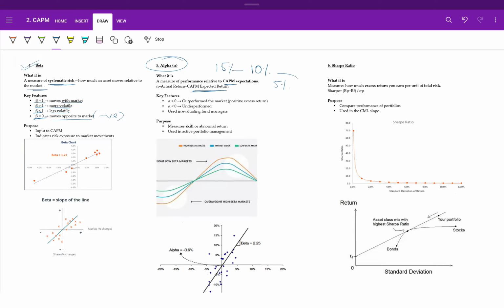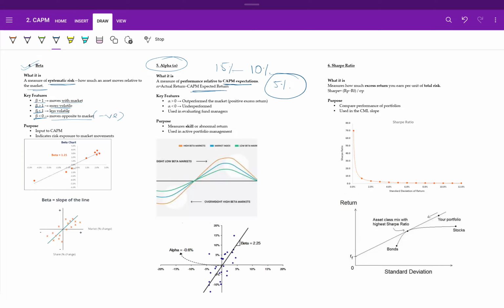If the alpha is greater than zero, we have outperformed the market. If the alpha is less than zero, we have underperformed the market. It's used in evaluating fund managers. The purpose is to measure skill and abnormal return, and it's used in active portfolio management.